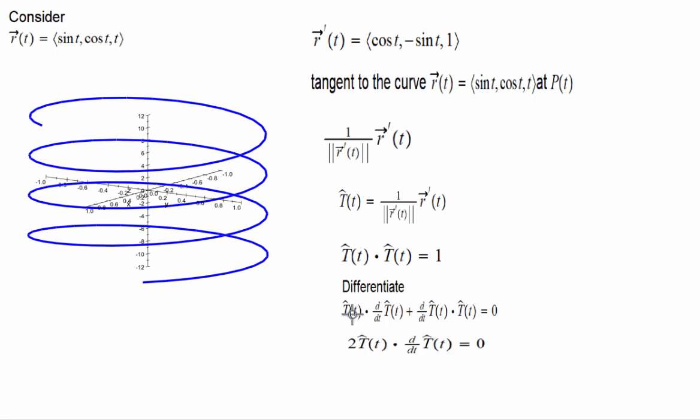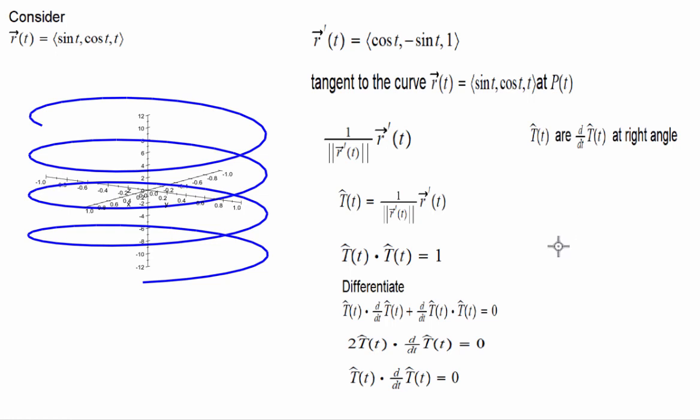Now we know that the dot product is commutative, so these two quantities are equal and they add up. Division by 2 gives us the equation that t dot the derivative equals 0, which tells us that the derivative of t hat is a vector perpendicular to t hat.